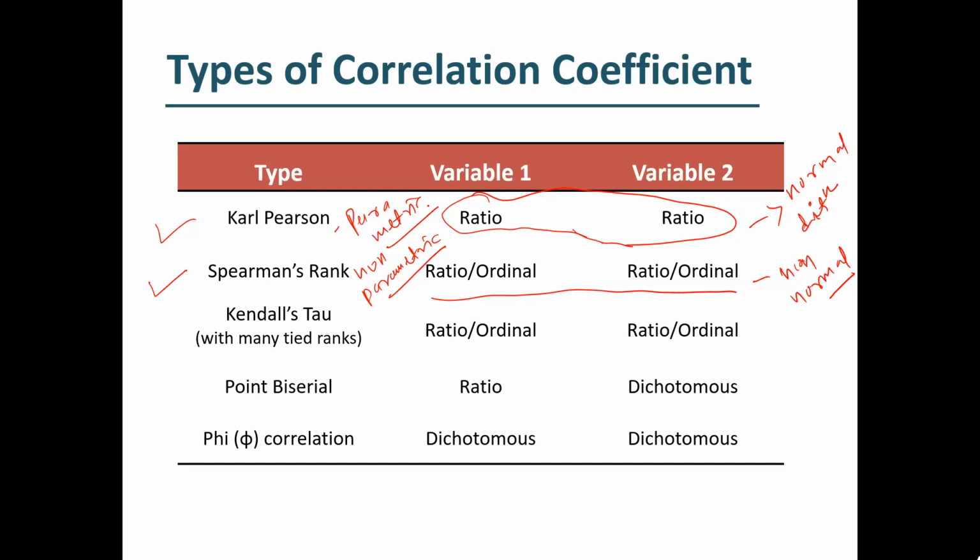Third, if you have ordinal data with many tied ranks, in Spearman's rank correlation analysis we give ranks. But suppose you have many tied ranks, then instead of Spearman's rank correlation, use Kendall's tau. Kendall's tau is also a non-parametric test. You don't need to check the normality assumption to perform Kendall's tau.